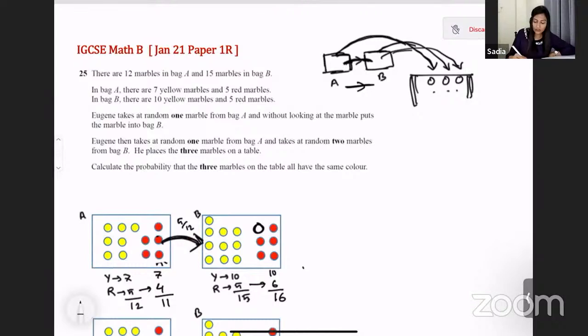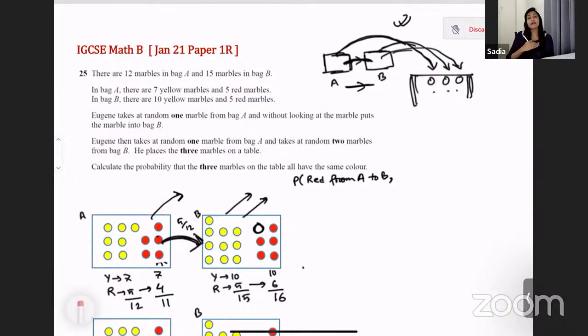So in this situation, I'm selecting that the first marble is actually red. Red from A to B. And then after shifting this one, we will be selecting three marbles, right? One from bag A and two from bag B. So these three marbles can be red, or this can also be yellow.